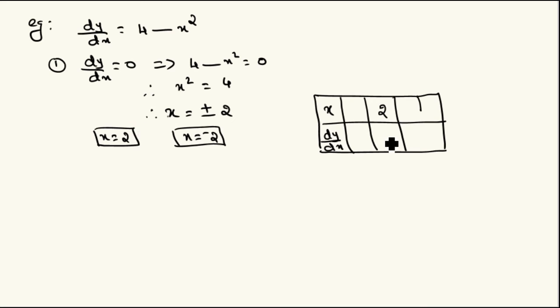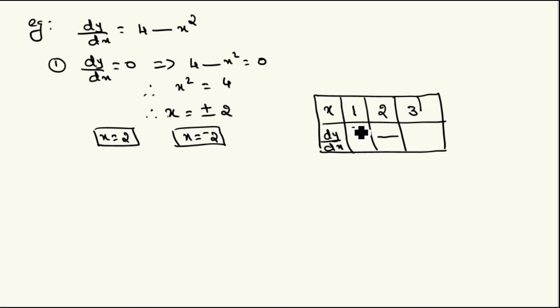Now x equal to 2 means dy by dx equals 0, so it is parallel to the x-axis, so I just draw a straight line. On the left-hand side of 2 we have to take one point. Let it be 1. On the right side of 2 we are taking one point as 3. Now when you substitute x equal to 1 in dy by dx, we get 4 minus 1 squared, 4 minus 1, that is 3.